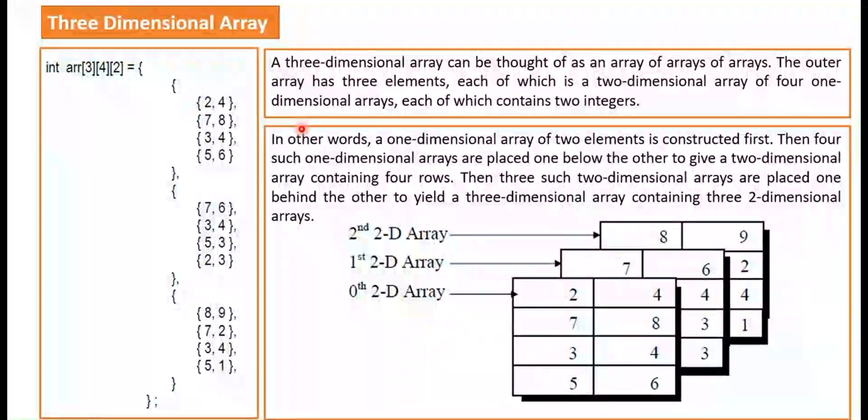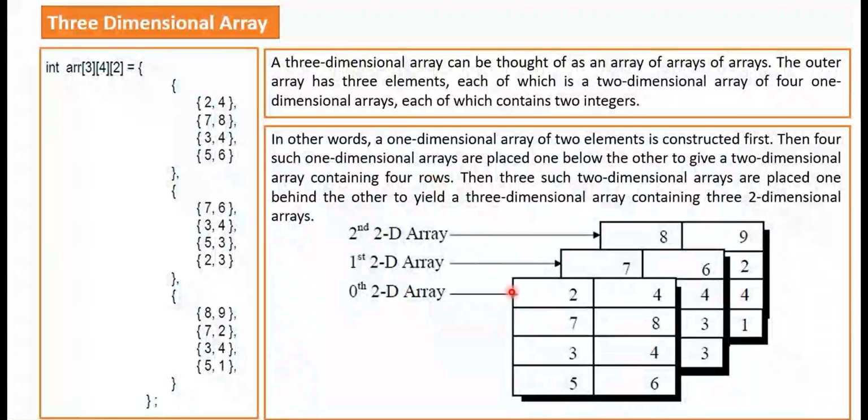In other words, a one-dimensional array of 2 elements is constructed first. That means for this page, you can consider that there are 1, 2, 3, 4 one-dimensional arrays having 2 elements. Then 4 such one-dimensional arrays are placed one below the other to give a 2-dimensional array containing 4 rows.